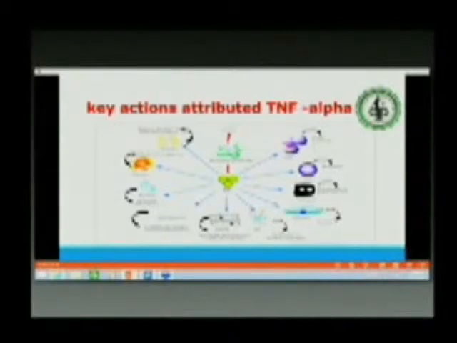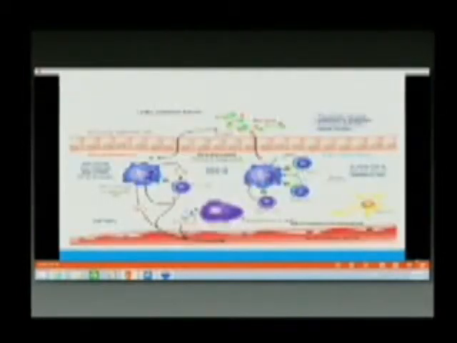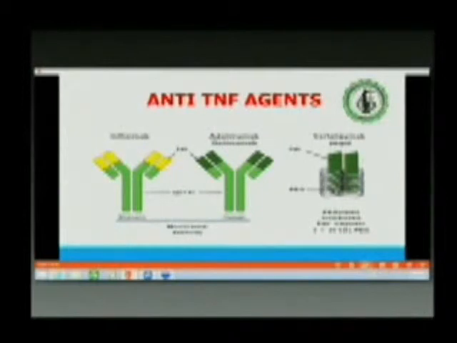Your T cells will proliferate, be in charge of your cell-mediated immunity. B cells, for example, are stimulated to form your antibodies, and you sometimes have even apoptosis for your fibroblasts. So if you can inhibit your TNF, okay, then you block inflammation.